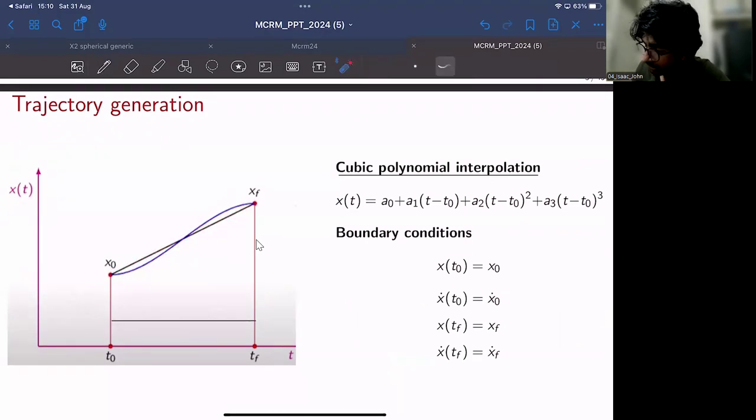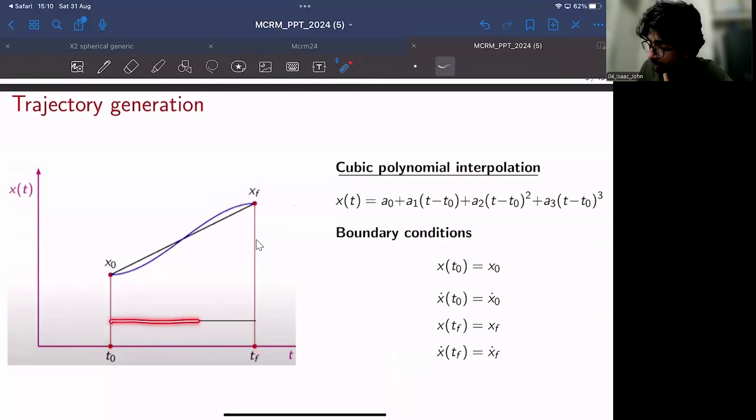Initially it won't have any velocity, it will jump up suddenly to a constant velocity, maintain a steady velocity, and suddenly drop to zero when it reaches its final position.